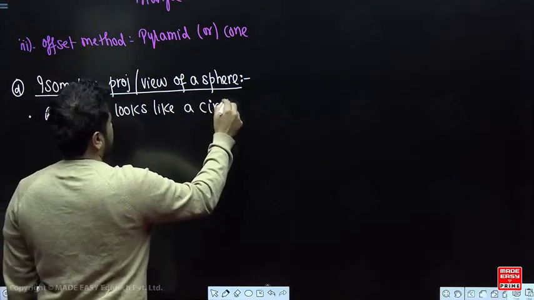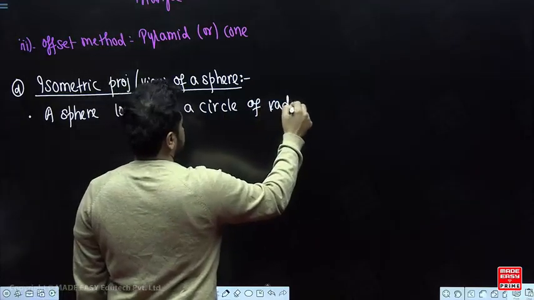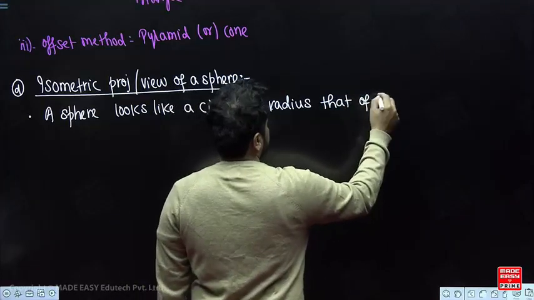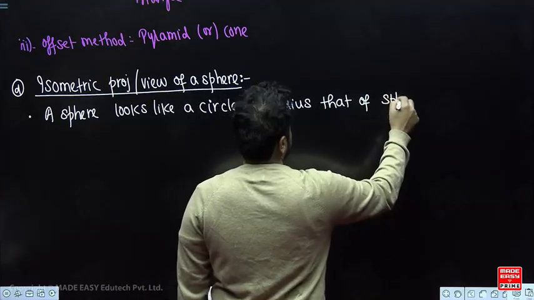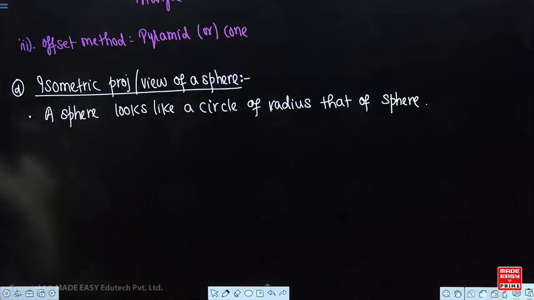A sphere looks like a circle of radius that of the sphere, isn't it? A sphere looks like a circle of radius that of the sphere.